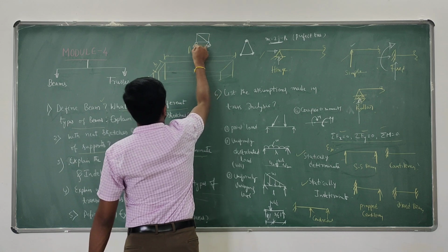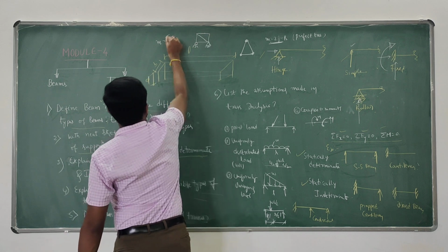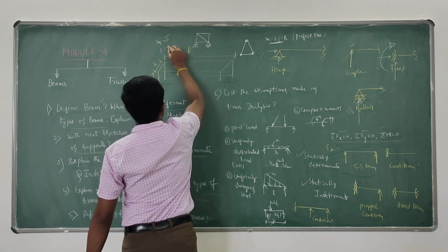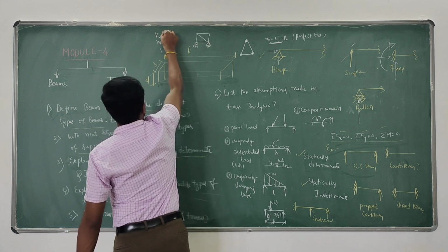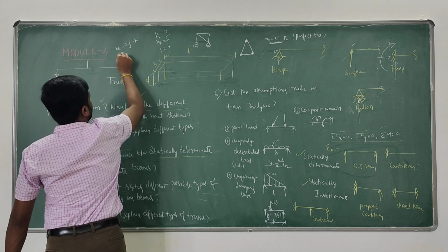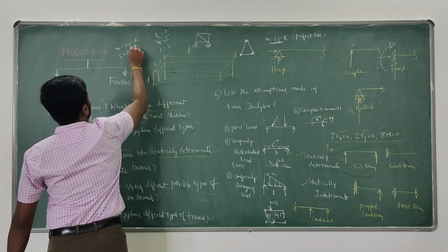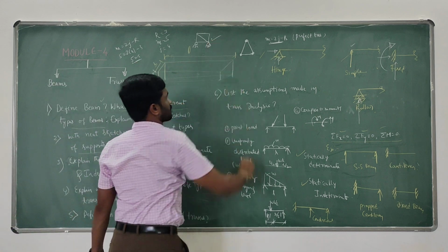How many members? 1, 2, 3, 4, 5 members. How many joints? 4 joints. How many external support reactions? 1, 2, 3. So M is 5, 2 into joints 4 minus 3 is 5. 5 equals 5. So this truss is a perfect truss.